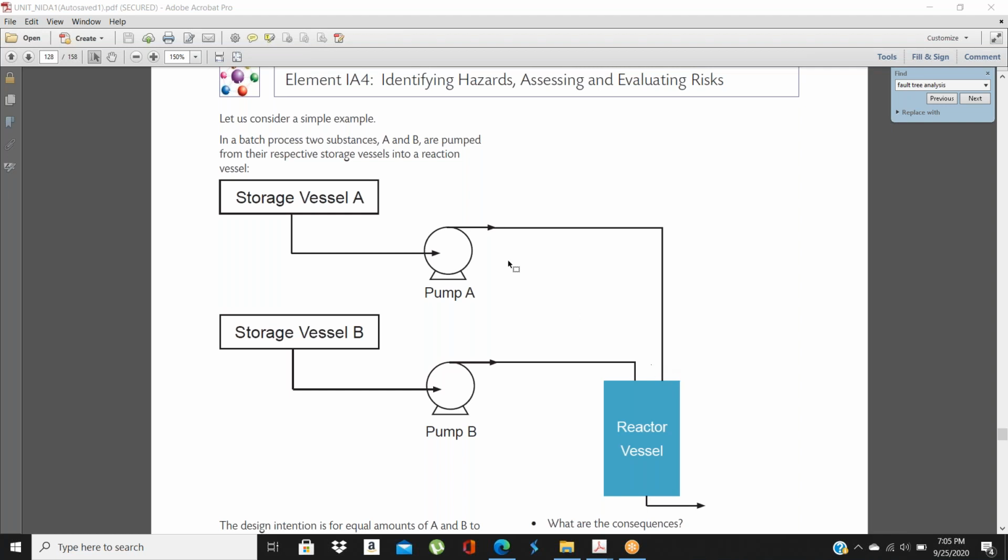Here we want one gauge and here another gauge. If here is more pressure and the pump is trying to push the fluid, but this line is choked, then definitely this pressure gauge will show more reading, and this pressure gauge will show less reading. So definitely we will know that this pipe is choked here.